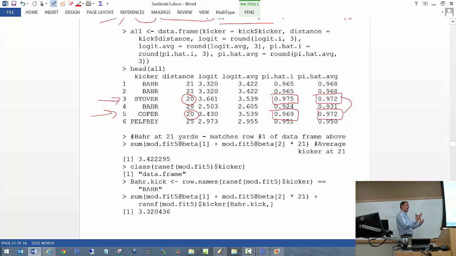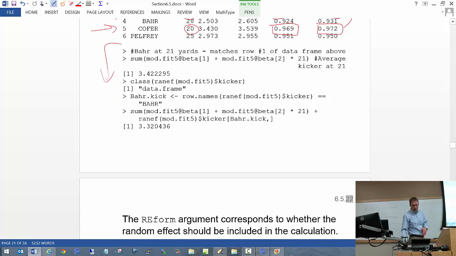Since I'm looking at the average place kicker, that's why you see them equal at the same distance for the two different place kickers. Now, I do some stuff here that I want you to take a look at on your own. I show how some of these calculations are actually made without using the predict function, for you to make sure that you know how the formulas are actually being used, how the model is actually being used.